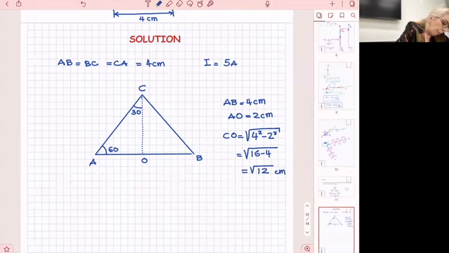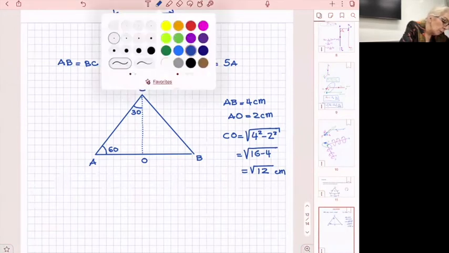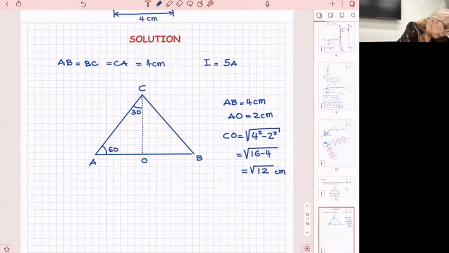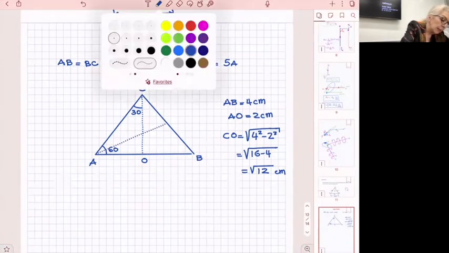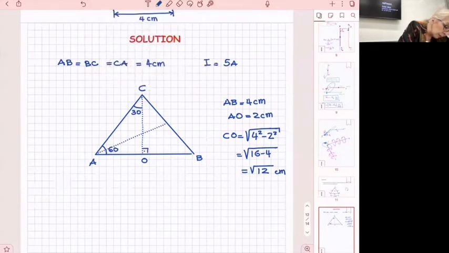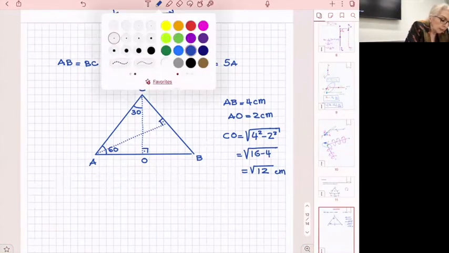Okay, the center now: you will have to write the line that goes from here to there, and that is expected to be perpendicular. This is 90 degrees, this is 90, and this other line from here is also 90.